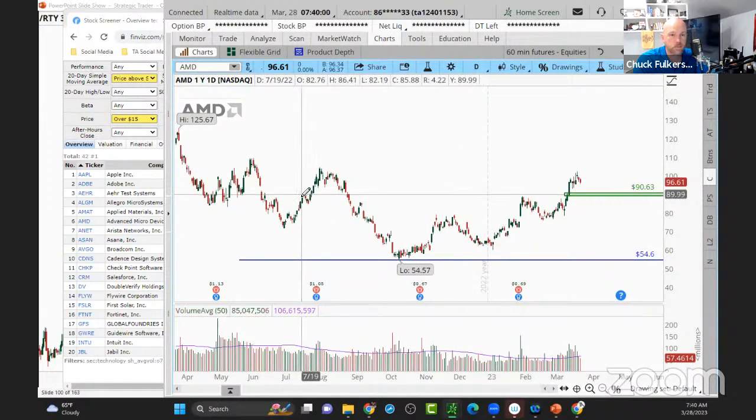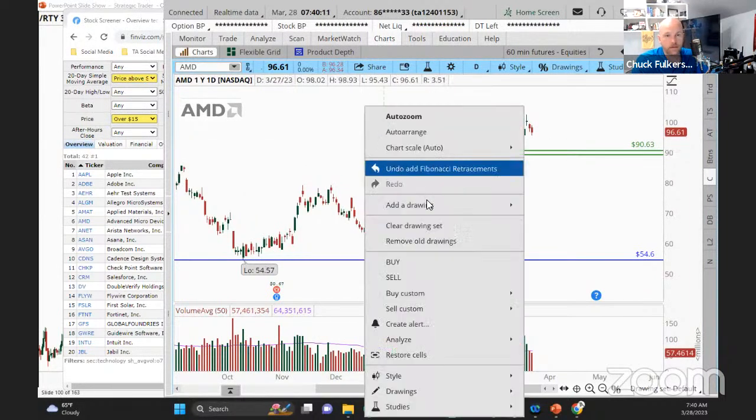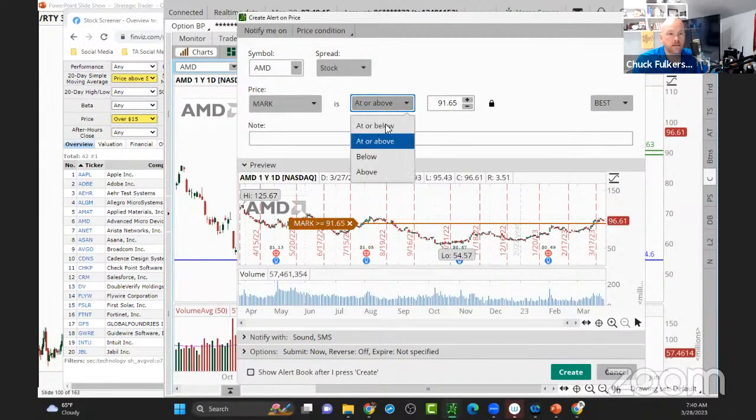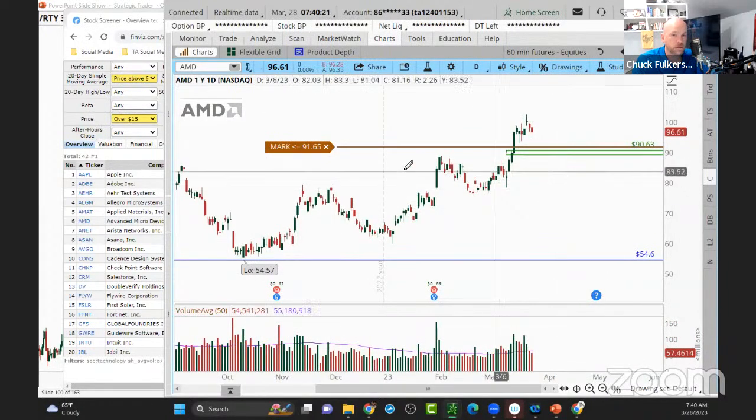Now, the reason I like this pullback is because this is an old area of resistance to a wick over wick area of potential demand where we could see a bit of a turning point. So I'm not going to go look for the options on that as of yet, because we're not close enough to my entry point on that. But that one, if you've got a watch list, keep this one on your watch list.